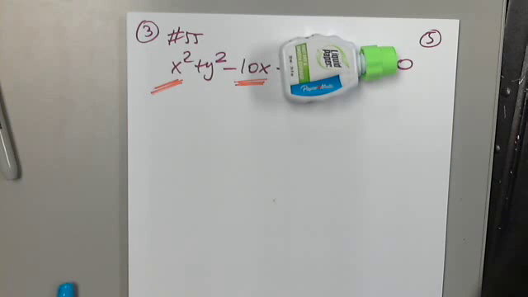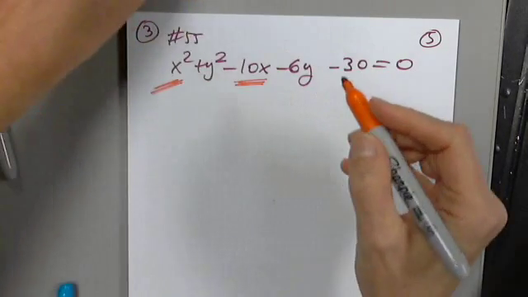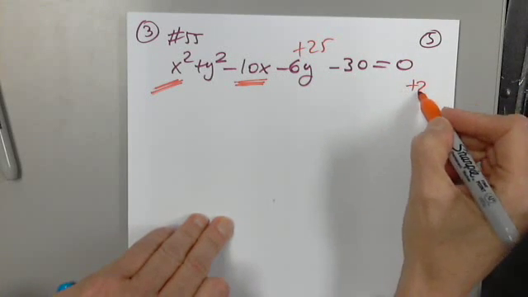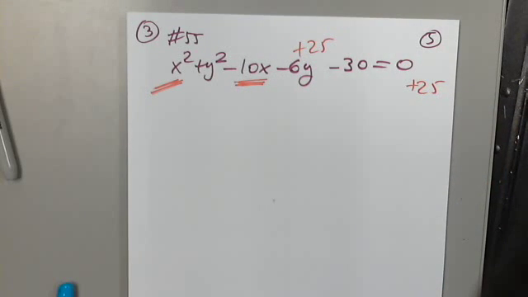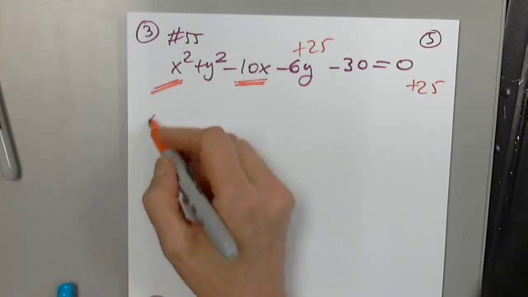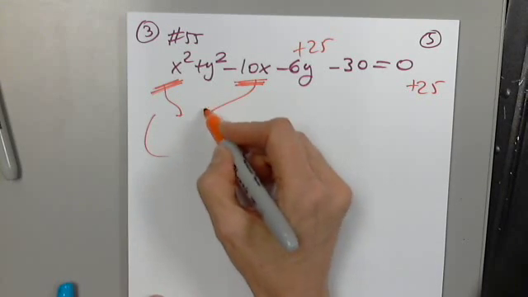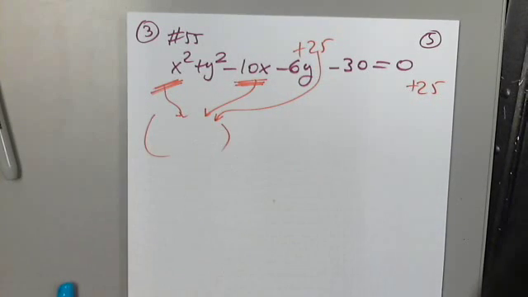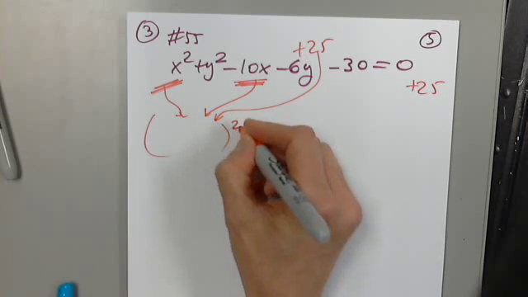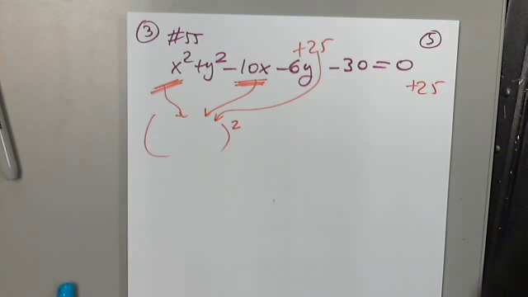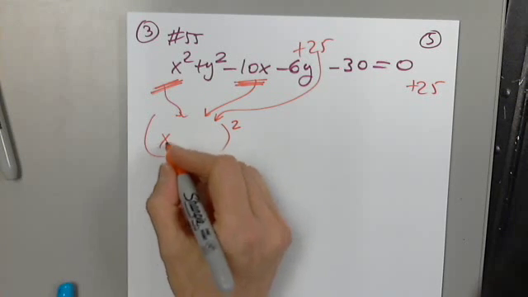What is the middle coefficient? Negative 10. Negative 10 divided by 2. Negative 5 squared. That's it. And remember, we have to add it to both sides. Now, these three terms are here in this perfect square, which is? x minus 5 squared. Thank you very much.